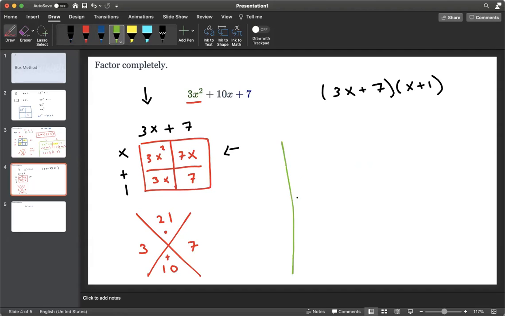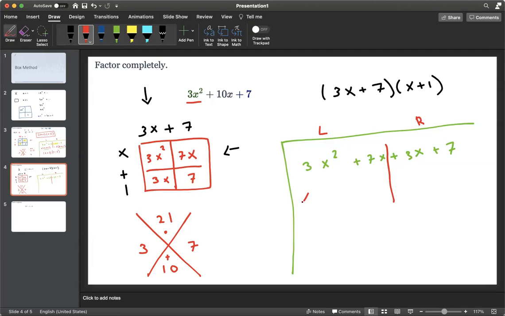Now, if we don't like using GCF and looking at the rows and columns, we can write everything out. So we write 3x squared plus 7x plus 3x plus 7. We draw a line down the middle. On my left side, my GCF is x. So we have 3x plus 7.